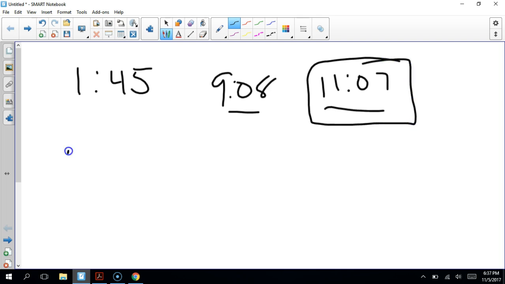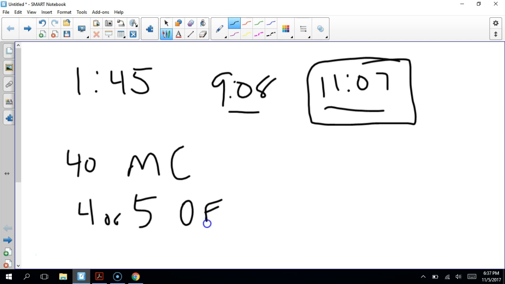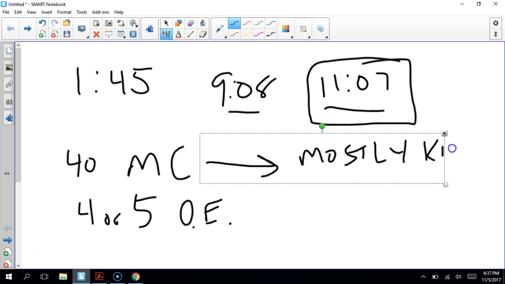Now, there will be about 40 multiple choice, and there'll be 4 or 5 open-ended questions. The multiple choice questions probably will be mostly from kinetics.